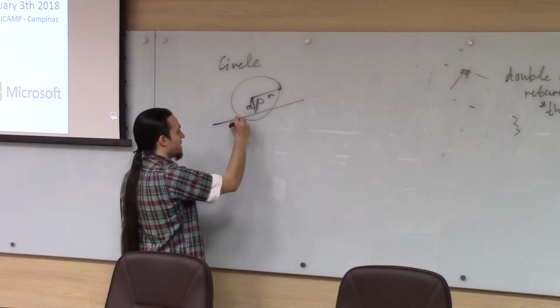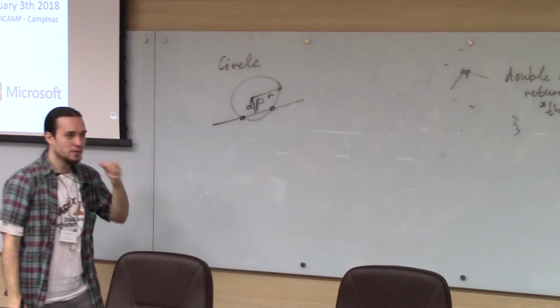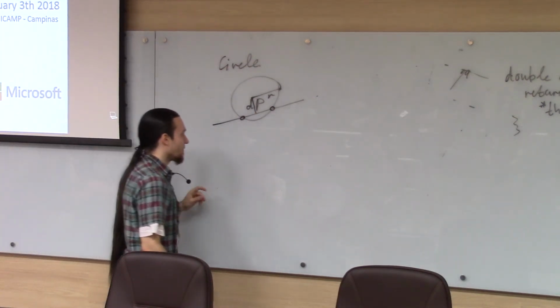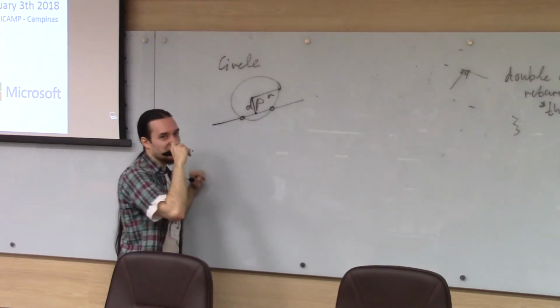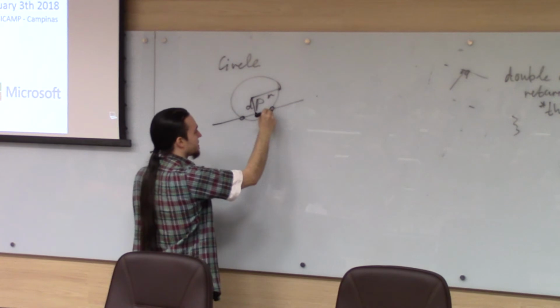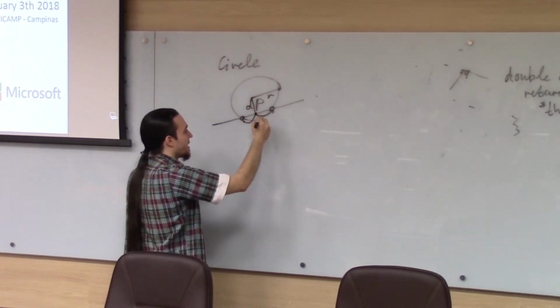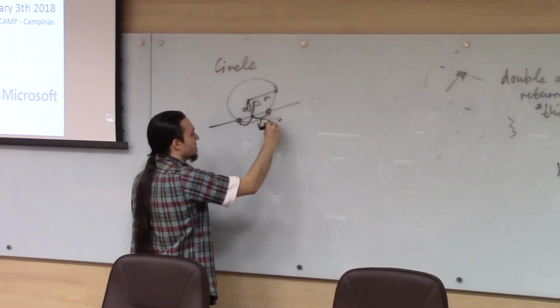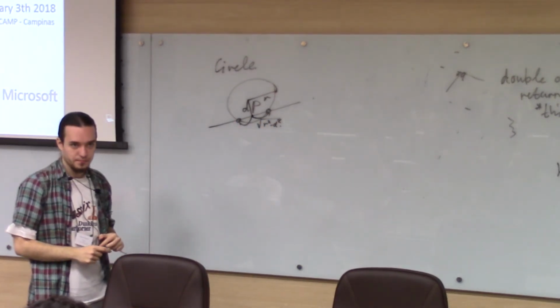Otherwise, we have to find these 2 points. To find them, we have to take this point here and move to both of the sides by the quantity, the square root of r squared minus d squared.